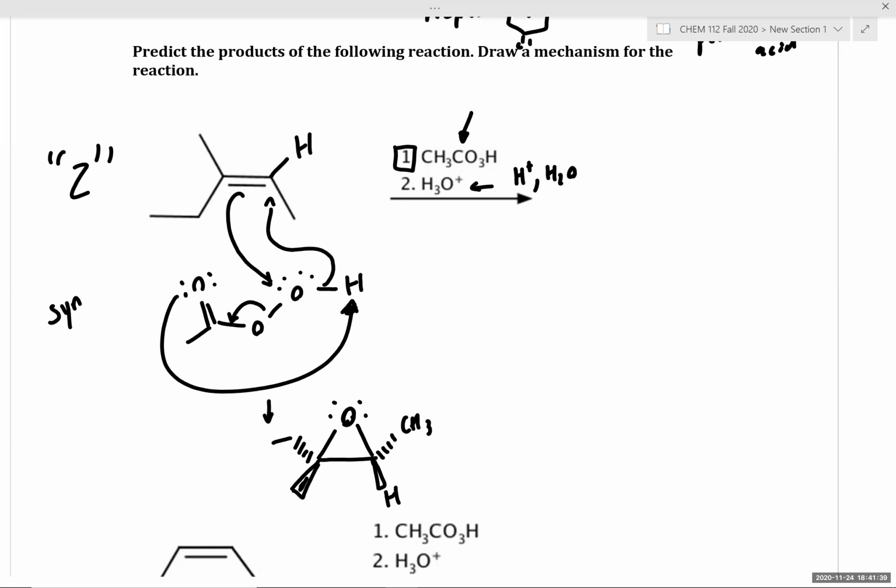You are correct, it's an oxygen-centered nucleophile, but what explicitly is going to be attacking our epoxide? H3O+ is very close, but the nucleophile is going to be water.